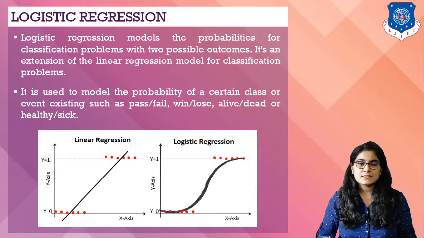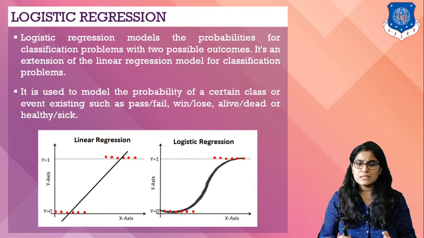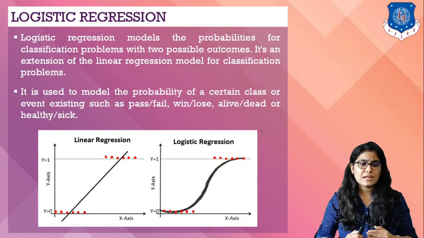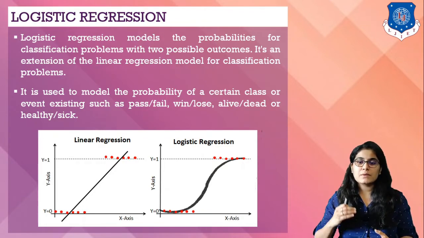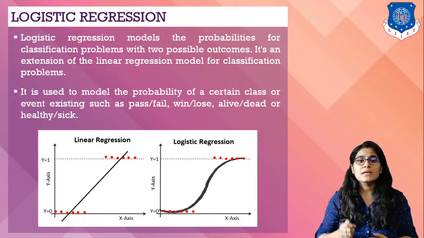In statistics, the logistic model is used to model the probability of a certain class or event existing, such as pass or fail, win or lose, alive or dead, or healthy and sick. This can be extended to model several classes of event, such as determining whether an image contains a cat, a dog, a lion, etc. Each object being detected in the image would be assigned a probability between 0 and 1 with a sum of 1.